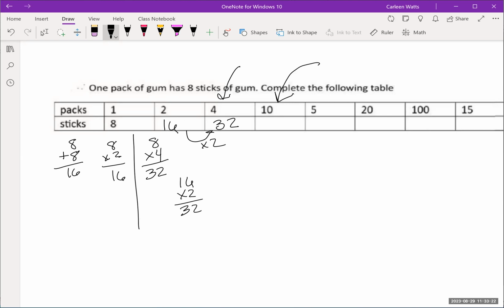How about 10 packs? And let's look for a pattern and let's do it an interesting way.